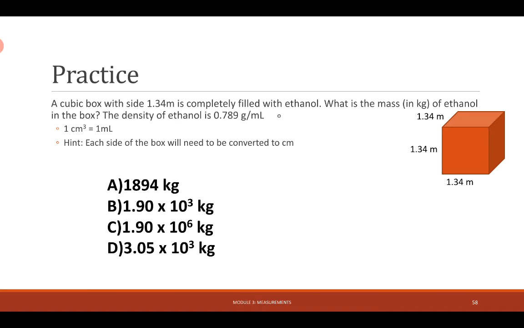All right, let's continue. So 1.34 meters. I'll do the conversion to centimeters afterwards to show you what you would do. So my volume is equal to length times width times height.